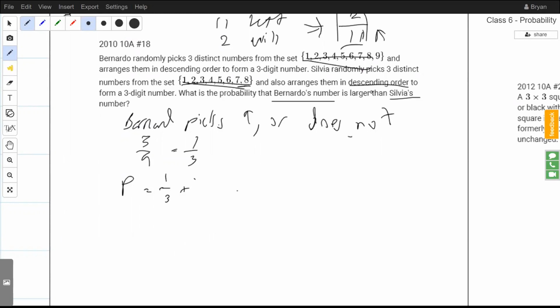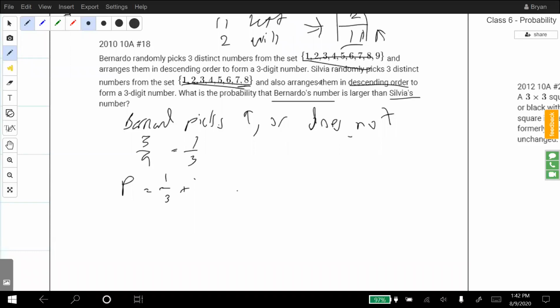The chance that Bernardo's number is larger than Sylvia's is going to be the same as the chance that his number is smaller than Sylvia's, because they are choosing from the same set of numbers with the exact same conditions. That's what I mean by symmetry. So all we have to do is find the probability that the numbers chosen are the exact same, then subtract that from 1 and divide by 2, and that's the probability that his number is greater.